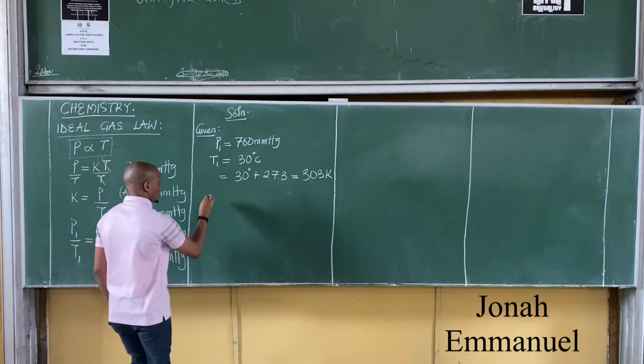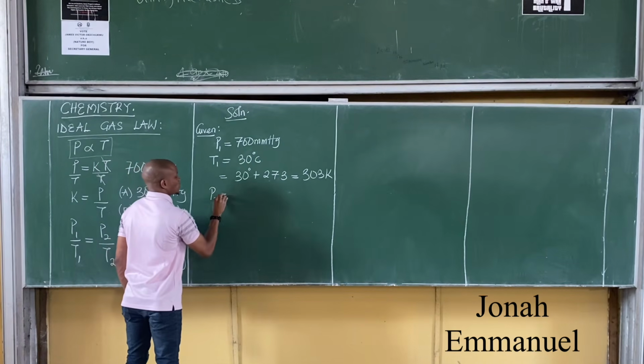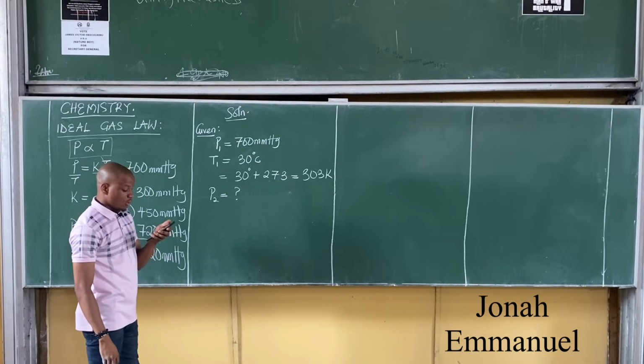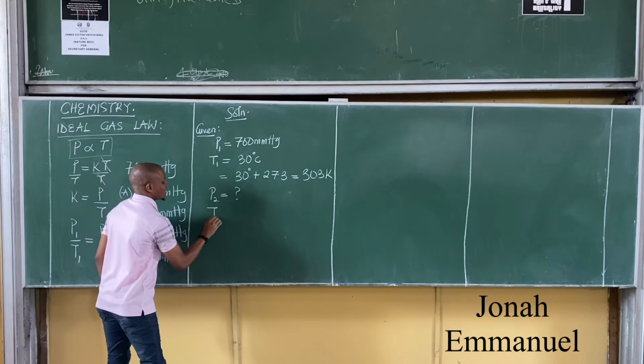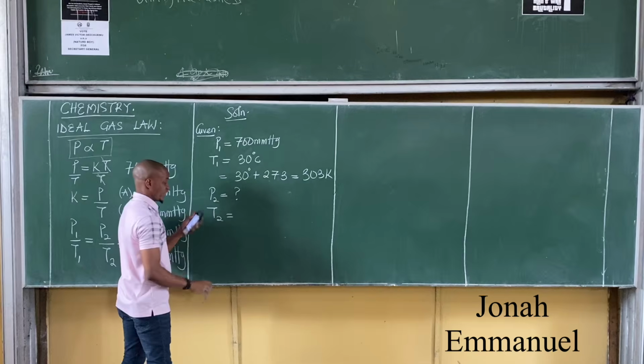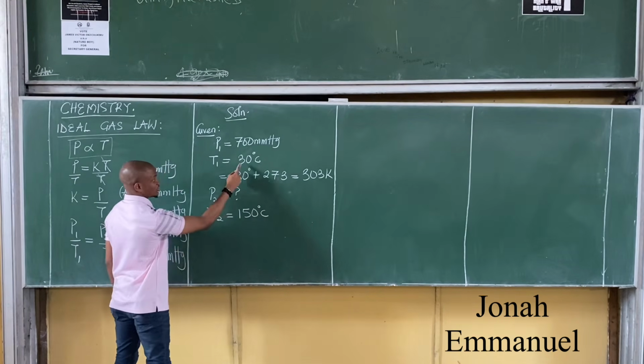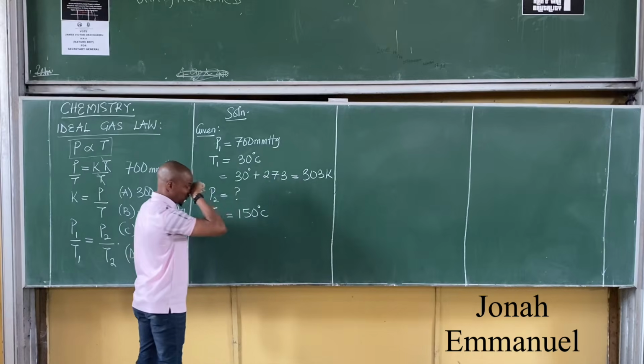Next, it said to calculate the new pressure, so P2 is unknown. The temperature was raised to a second temperature of 150 degrees Celsius. Just like before, I'll convert to Kelvin.